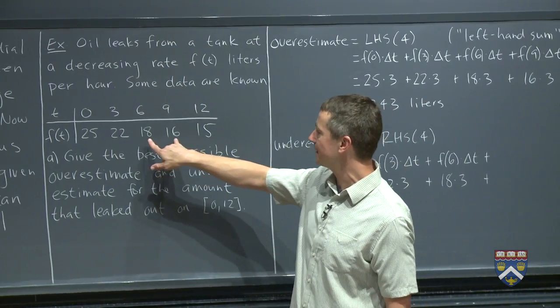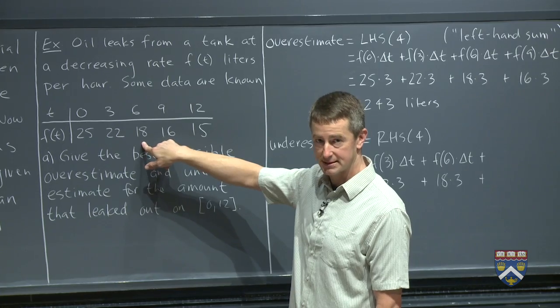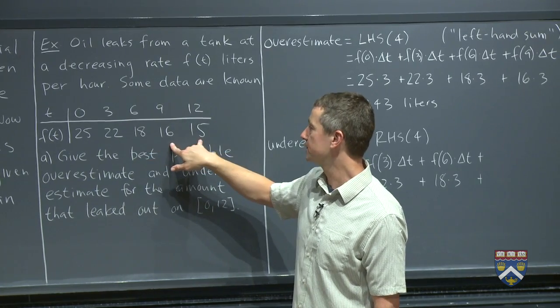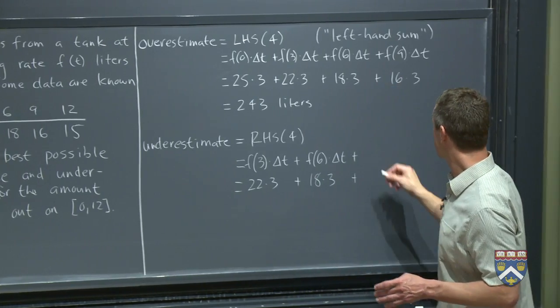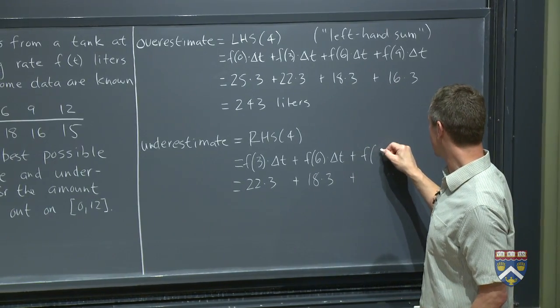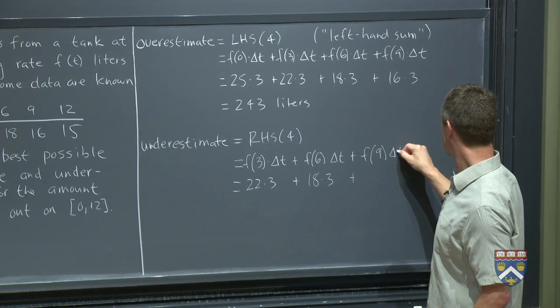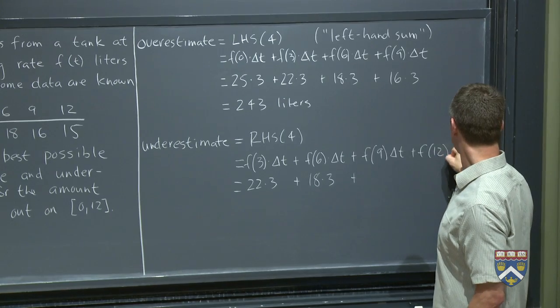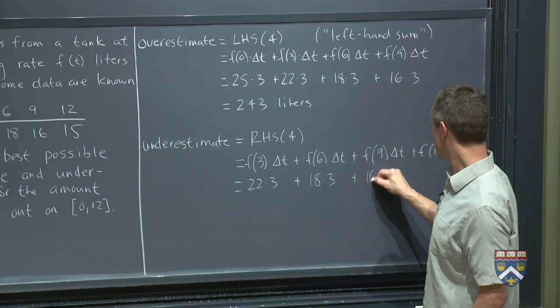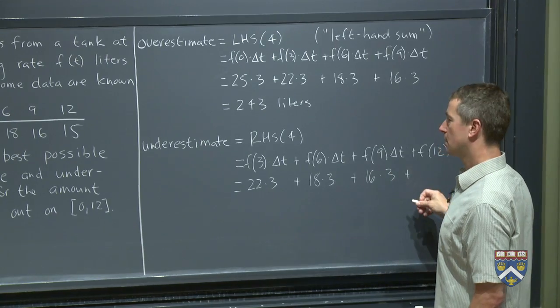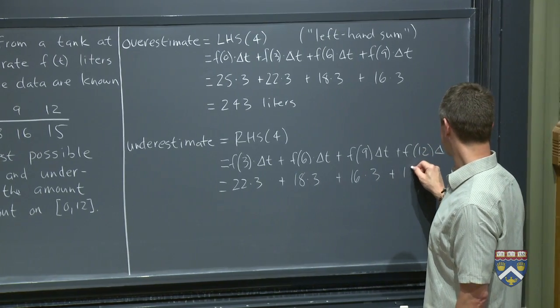When we have the choice between the 18 and the 16, we'll choose the 16, the value on the right. When we have the choice between 16 and 15, we'll choose the 15, the value on the right. So that will go like this. We'll say f of 9 delta t and f of 12 delta t. So that gives us 16 times 3 and 15 times 3.